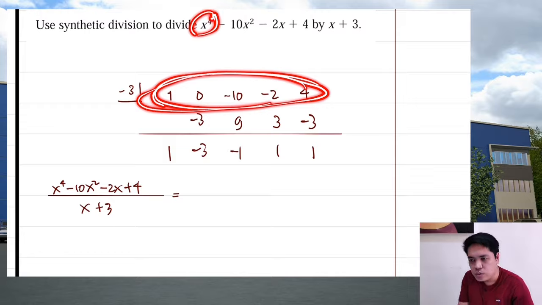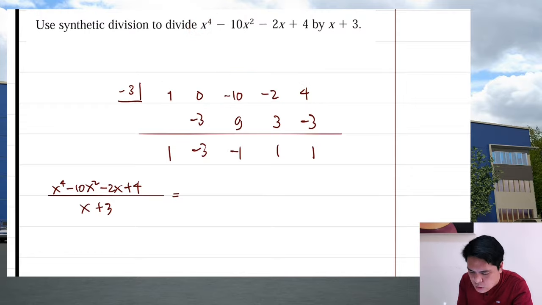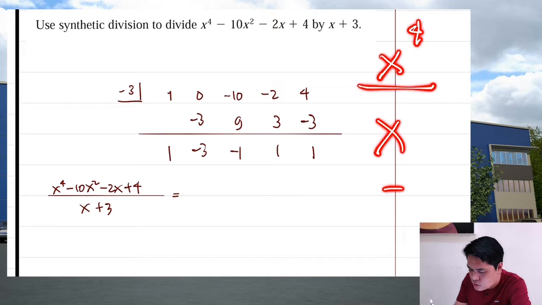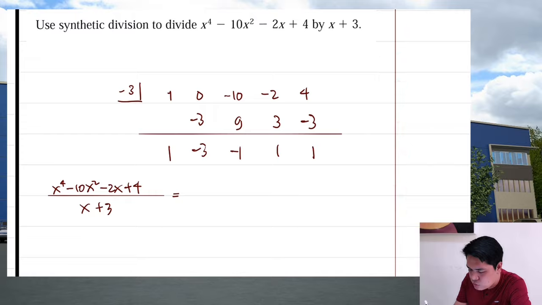So since we are dividing it by a first degree equation, we have x raised to 4, you divide it by x, the result is x raised to 3. So same way dito, we have a 4th degree polynomial divided by a first degree polynomial, the result is a 3rd degree polynomial. So therefore, the quotient here, this is the coefficient of the 3rd degree na variable ng x.